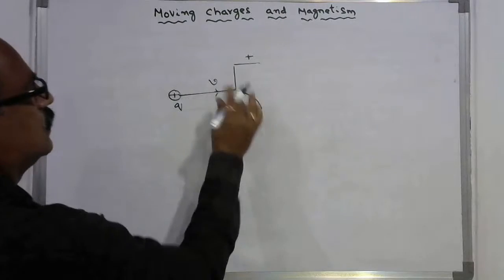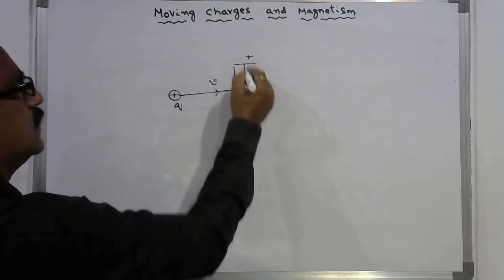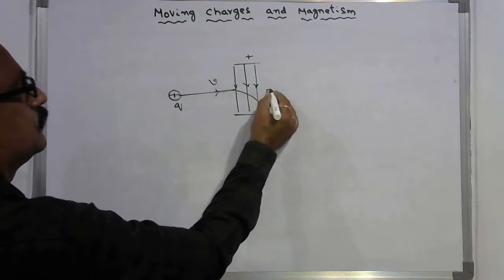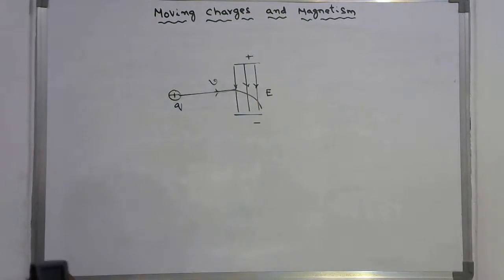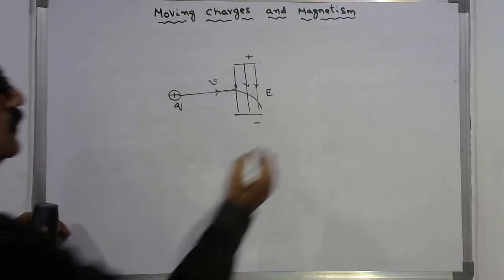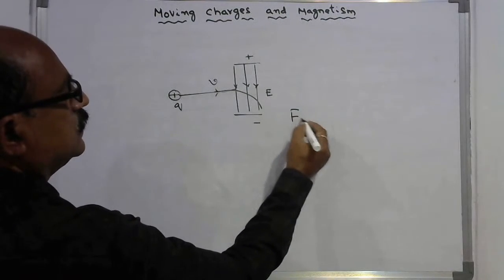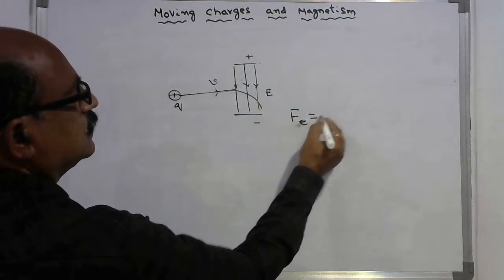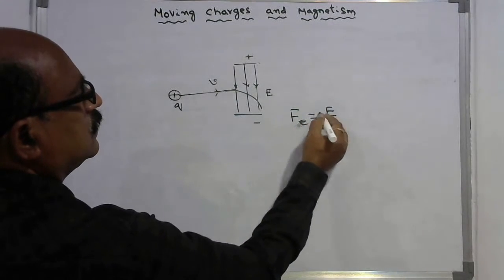So this is the electric field, and it bends with certain force. The force due to electric field is given as QE.